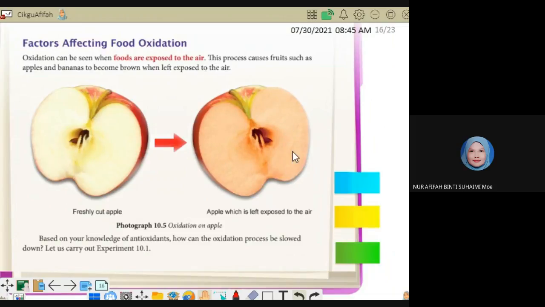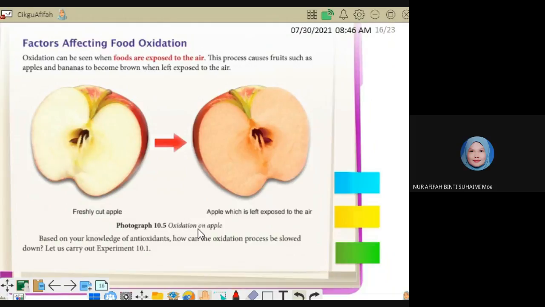Okay, the color of the apple becomes brown when it is exposed to the air lah. So the factor that affects food oxidation is air. Dekat sini dia punya faktor, the factor that causes oxidation is air. Okay. The process causes fruits such as apples and bananas to become brown when left exposed to the air.